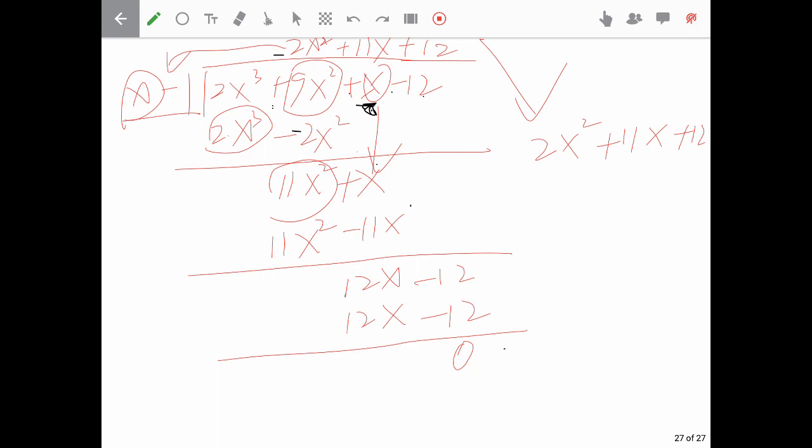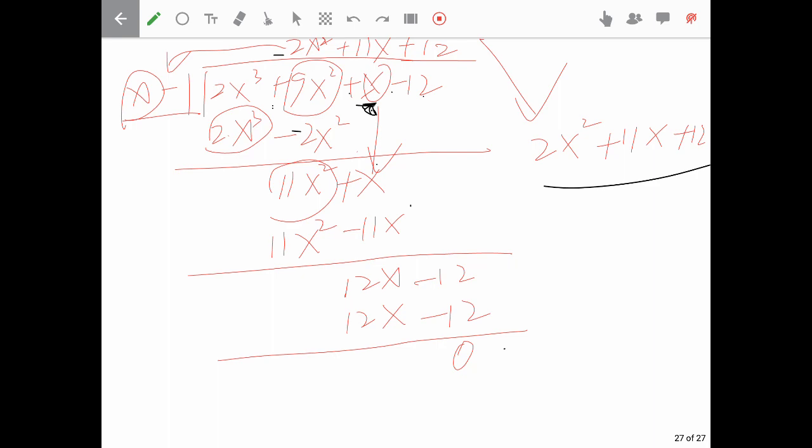Okay, then question B. What's the fully factorized form? So we just factorize this.